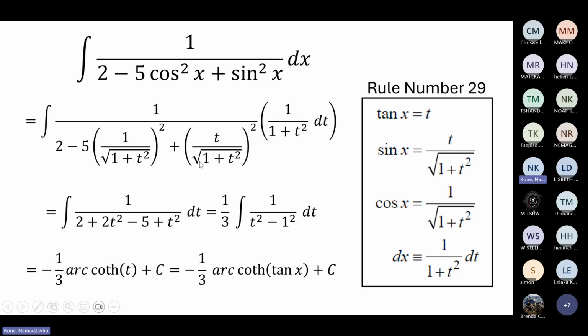The 1 plus t squared cancels, and we're left with only t squared, which is this one. Now this t squared plus this 2t squared gives us 3t squared, which is this multiplied by that. And 2 minus 5 is minus 3, which is 3 times this minus 1. Are you happy now? Yes, sir. Thank you. You're welcome.